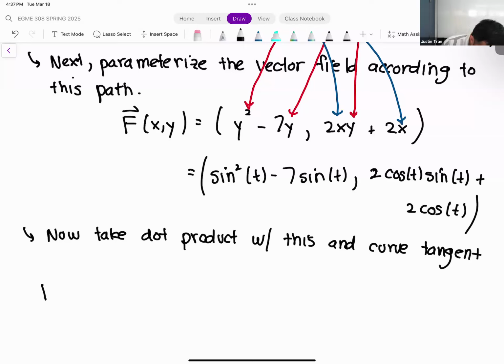Okay, so we're going to take our f here, which has been parameterized in terms of t, and take the dot product of that with the tangent of the curve, or dr dt.